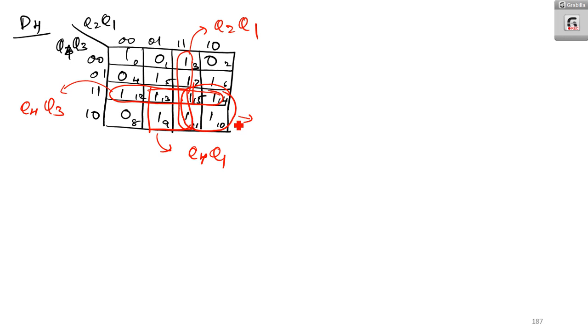Here Q4 is common. There Q2 is common. So Q4 Q2. Then another quad you can make like this. You should use these 4 quads. Here Q3 is common, and here Q3, Q2 is common, and to include this one you can go for this quad.